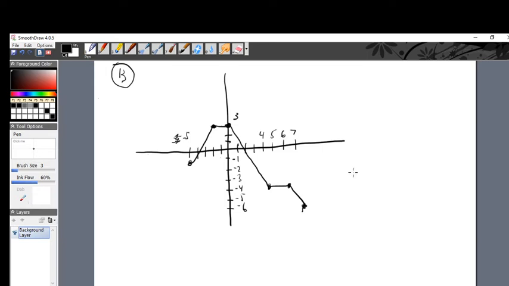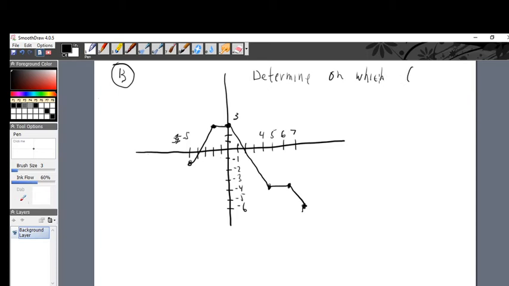Okay, here's the question. Determine, well, they might use some fancy words here. Determine is not that fancy, but still, determine on which function is strictly decreasing.